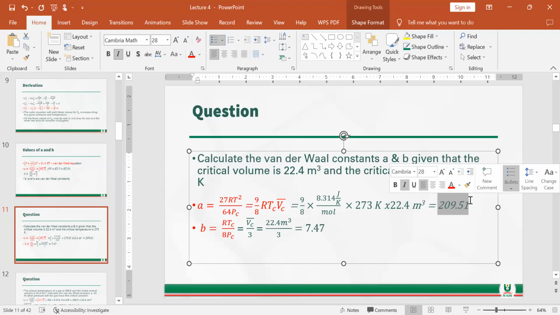So we have 9 times 8.314 times 273 times 22.4, equal to this, divided by 8.